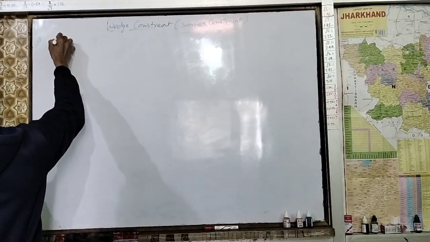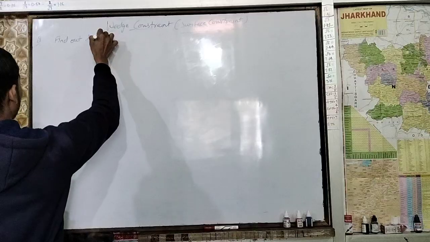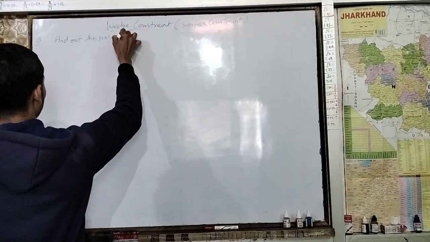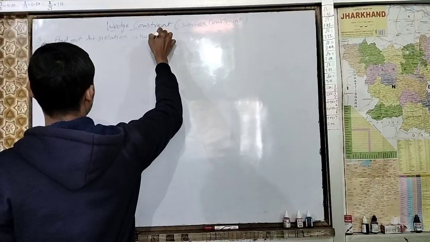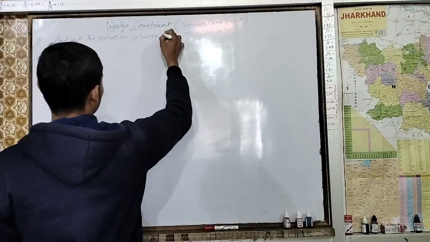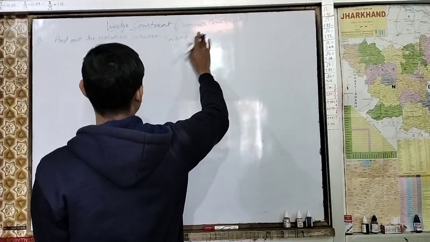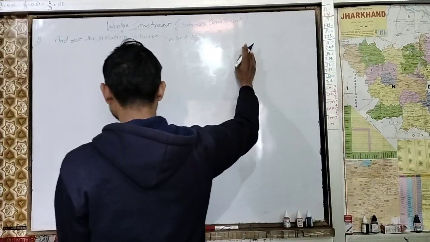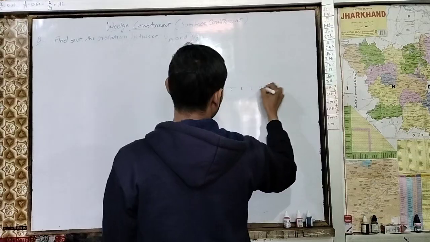Question is: find out the relation between VA and VB. The figure is something like this.